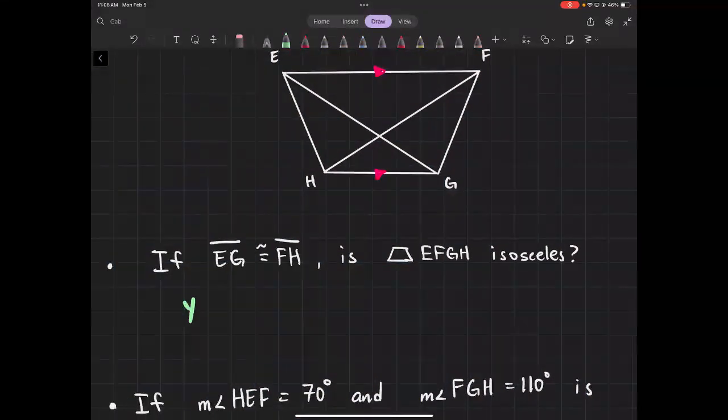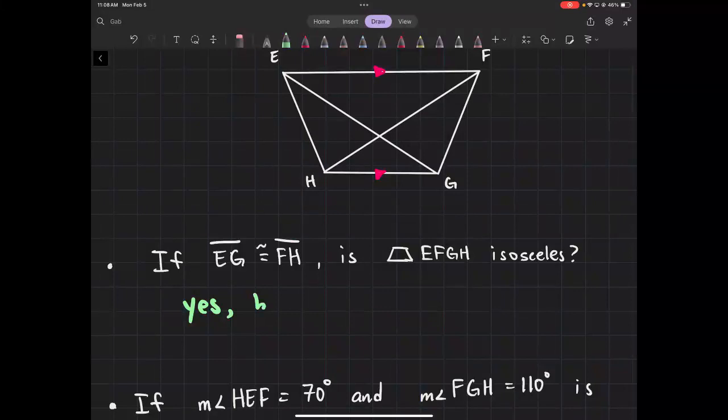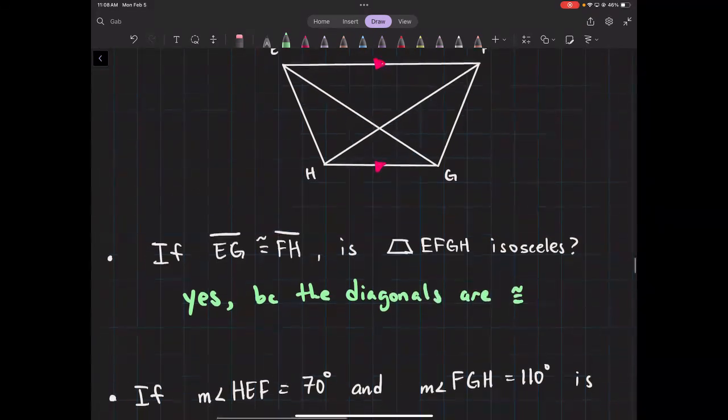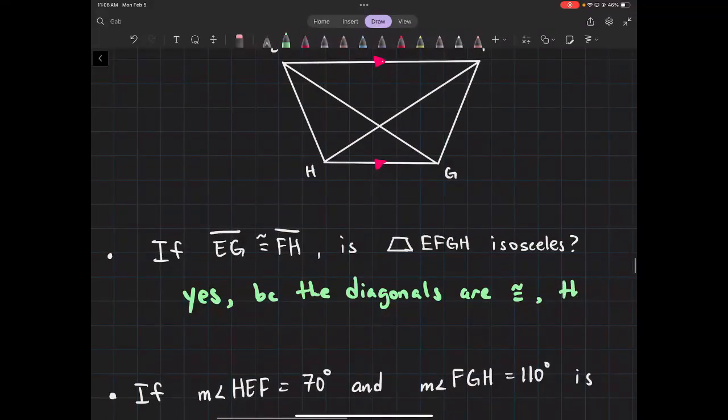So you'll say yes, because the diagonals are congruent. This trapezoid, so if you don't want to write the word trapezoid, I'll let you draw a little one, as long as it looks like a trapezoid.